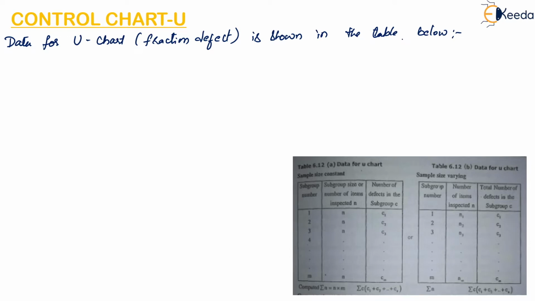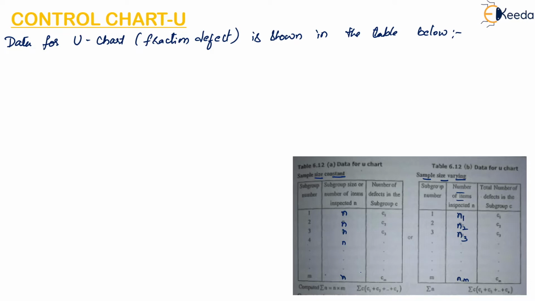This data is for constant sample size, and this for varying sample size. Here the number of items inspected is n, the same for all observations till the last one. Here the sample size is varying: n1, n2, n3 and so on up to nm.